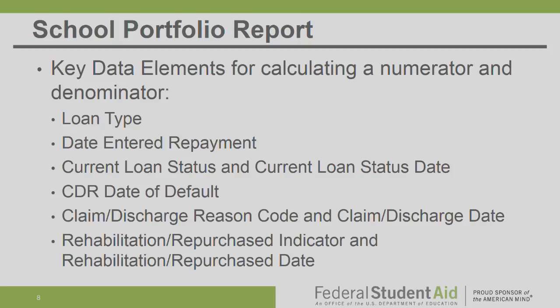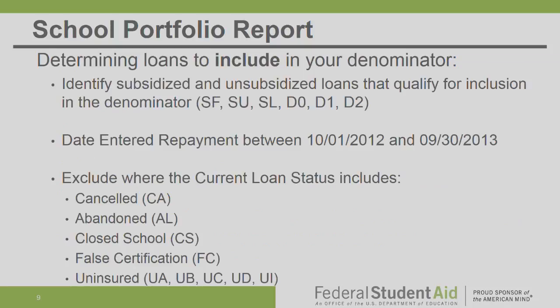Claims are only applicable to commercial FFEL. We also want to consider if the borrower has defaulted and then rehabilitated or repurchased their loans, to be removed from the numerator.